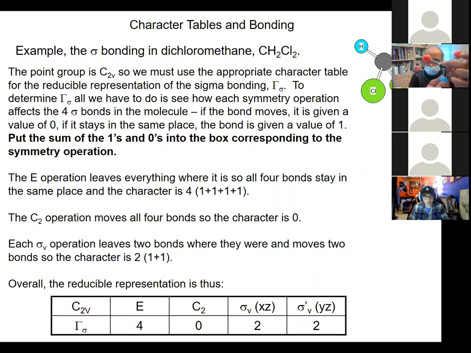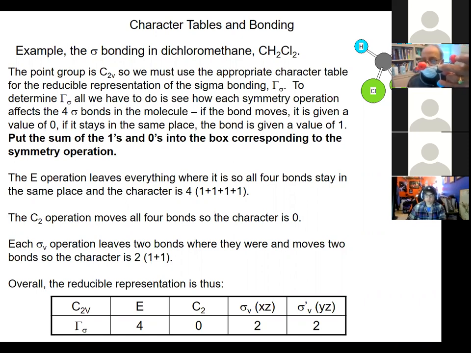What should be the point group for this? C3. Hmm? C3. No? Oh, sorry, C2, my bad. C2V. It's supposed to be C2V.